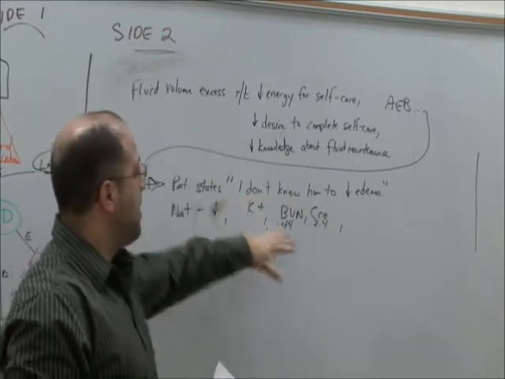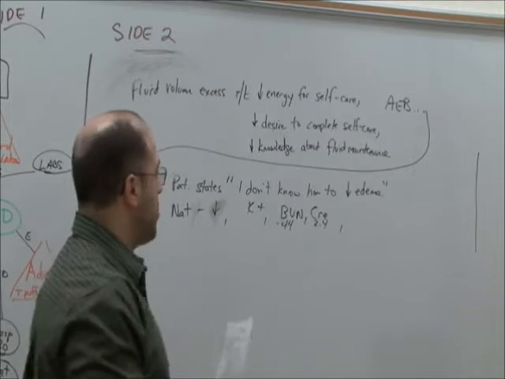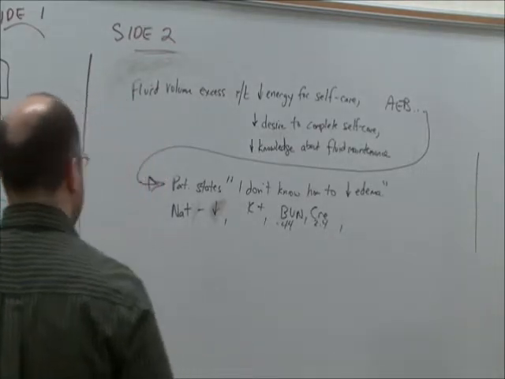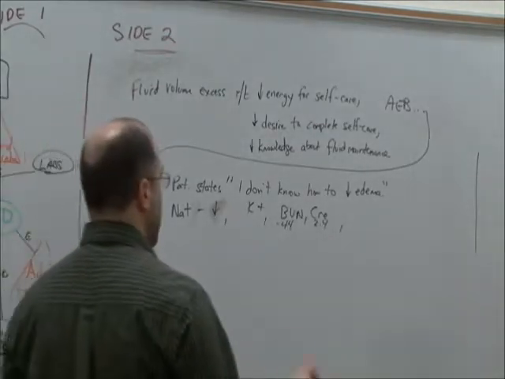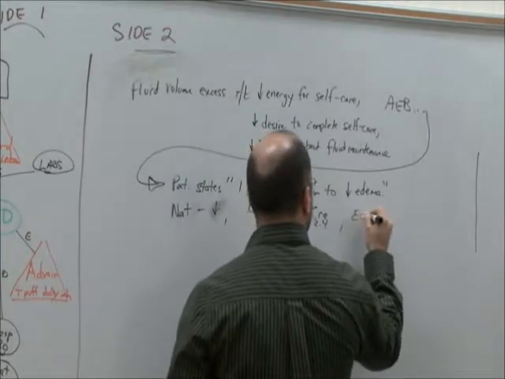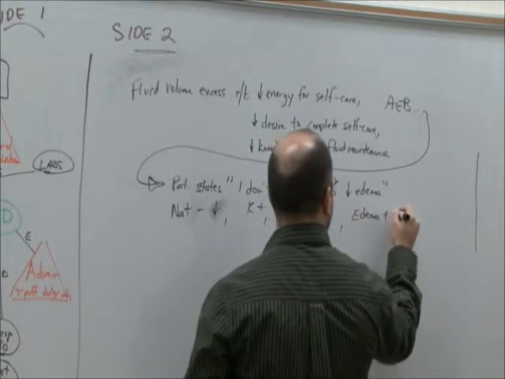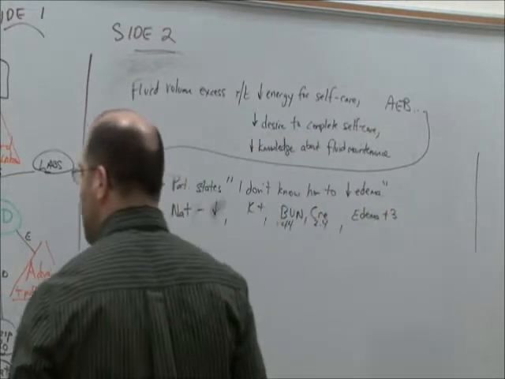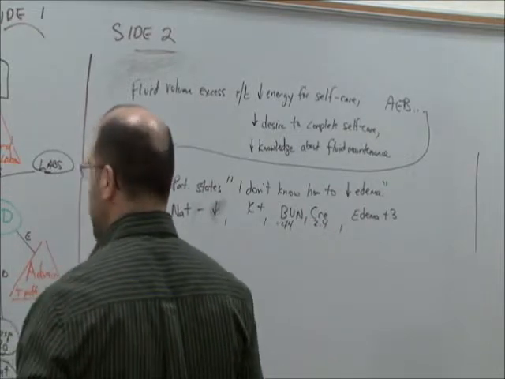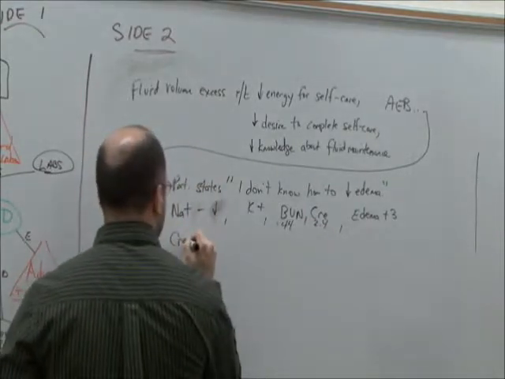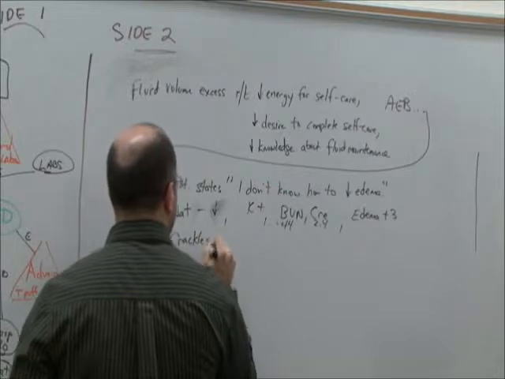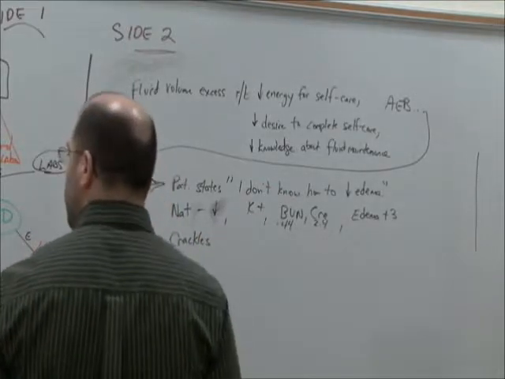Fluid volume excess because their kidneys aren't functioning properly. Actually put down edema. Edema was +3. And they had pain with that. They have crackles, which has to do with the fluid volume excess.